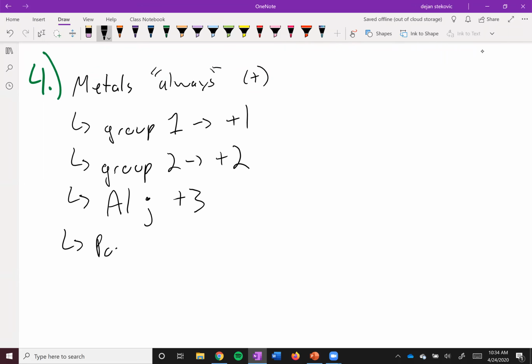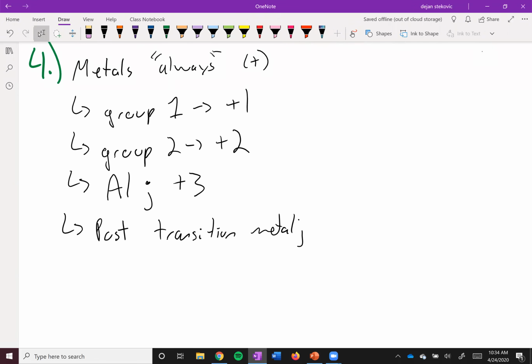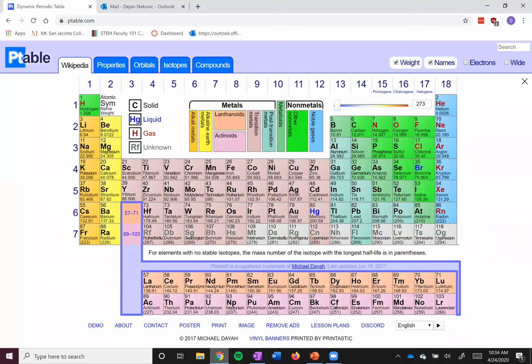The post-transition metals get a little bit more confusing. So the post-transition metals can do one of two things. They can either lose all of their valence electrons or just the p electrons. So you can take a look at the periodic table.